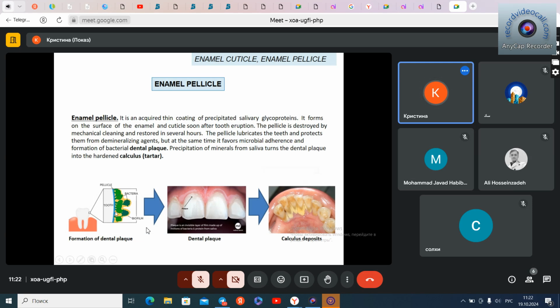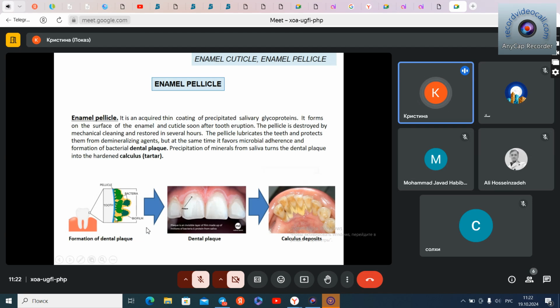These glycoproteins form a thin film upon the surface of the teeth, and this film of glycoproteins, which is called pellicle, protects the enamel of the tooth from the acids, and it lubricates and protects from other demineralizing agents.